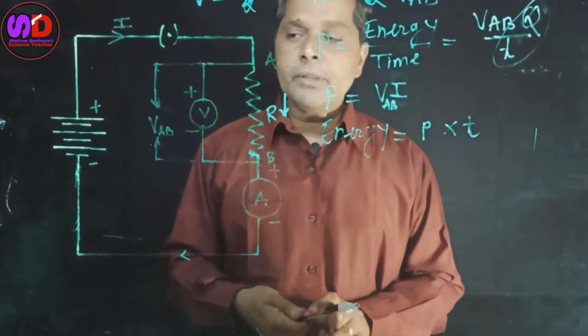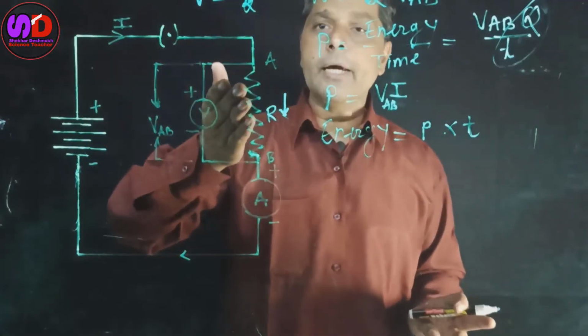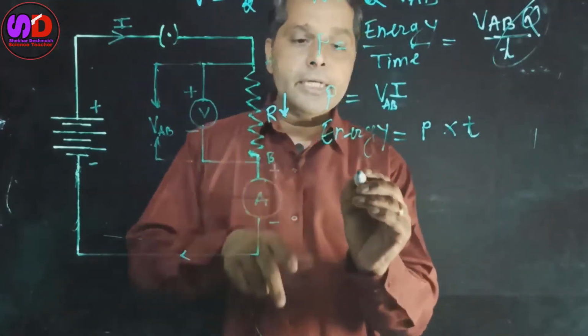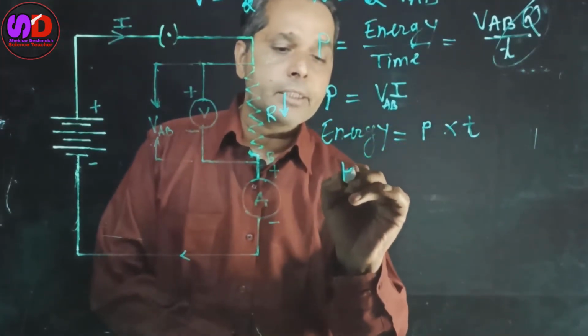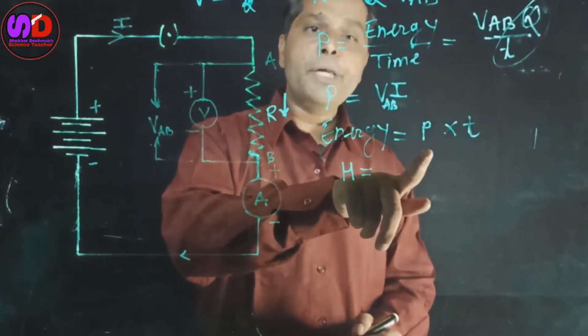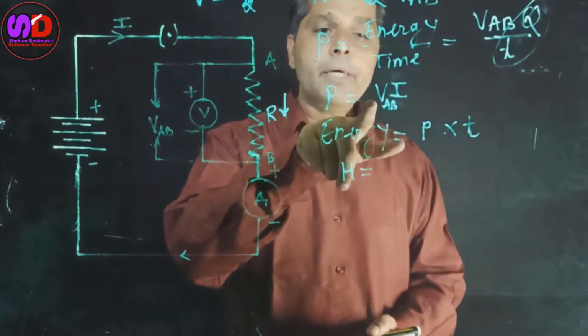From where does the heat come? The energy which is used here is converted into heat energy. So this heat energy H is equal to how much? P into T. What is P?